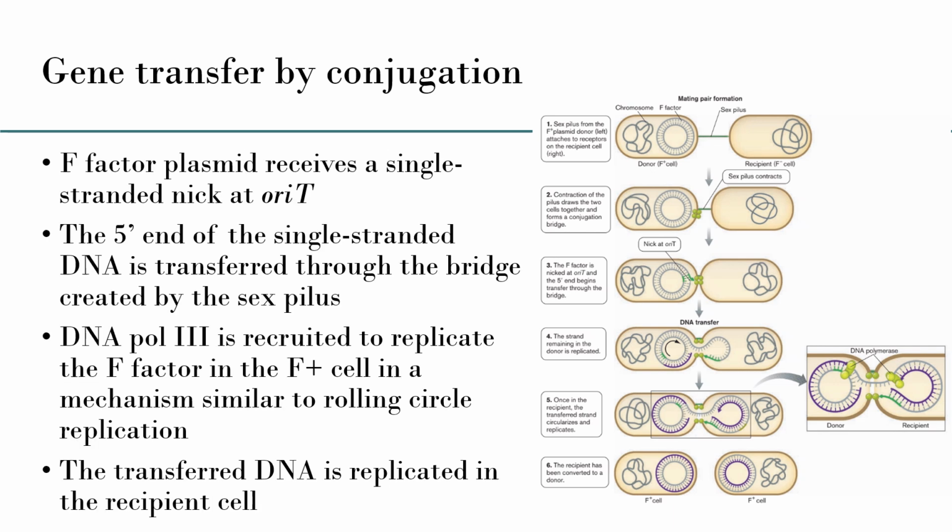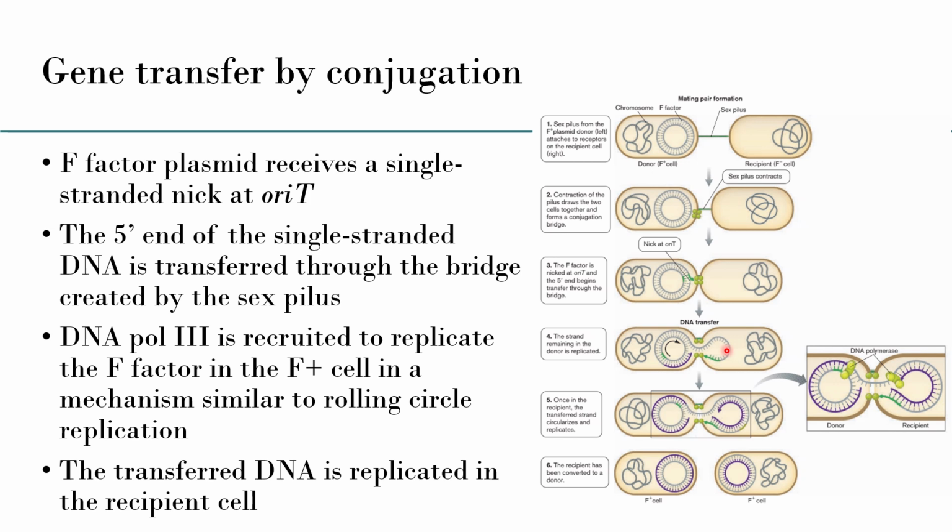Now, the F factor plasmid is going to receive then a single stranded nick at ori T and start to move across this one single strand. The F prime end is going to start moving into the F minus cell. And we call that through the bridge created by the sex pilus.